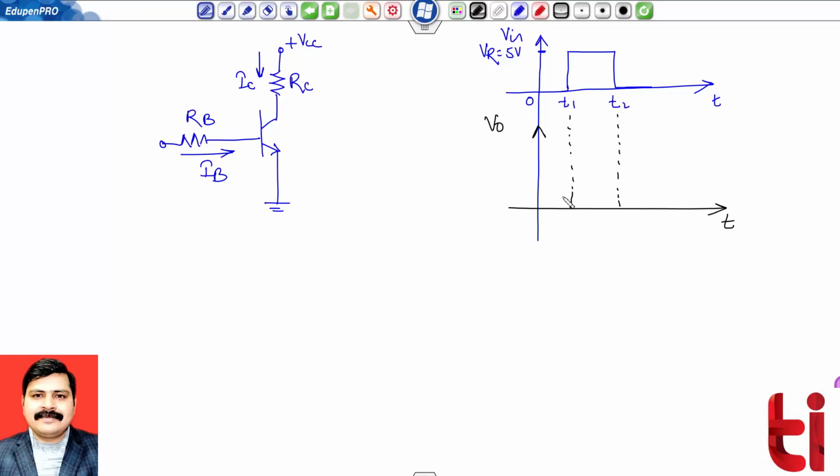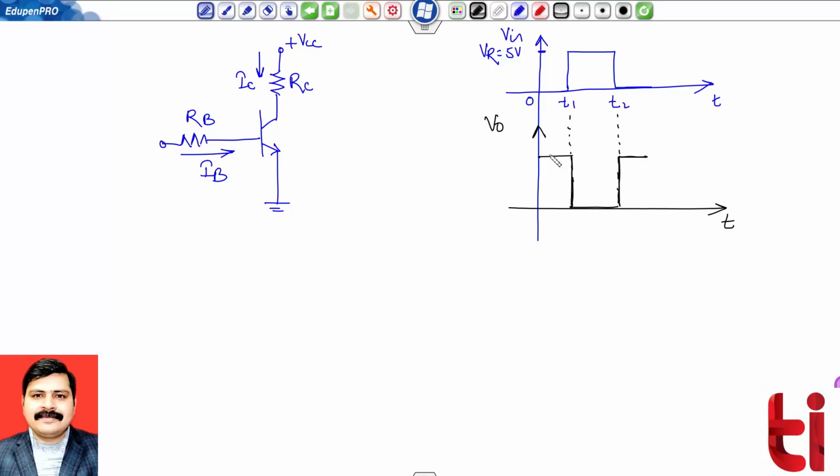Practically it is not possible, but for intuition purposes, initially I am taking this. So the output waveform will be somewhere like this. We will discuss the working in detail, but let me draw the waveform.